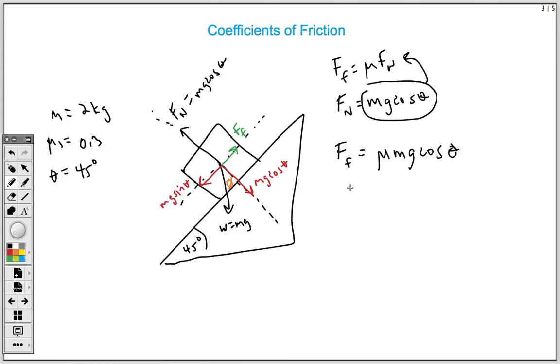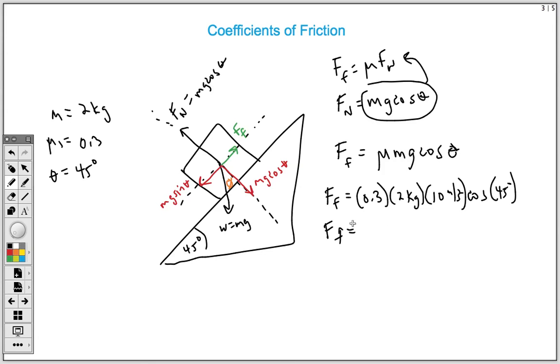So let's go ahead and do that. Our frictional force is going to be 0.3 times our 2 kilograms times an acceleration of gravity, 10 meters per second squared, that's a rounded up value, times the cosine of 45 degrees.